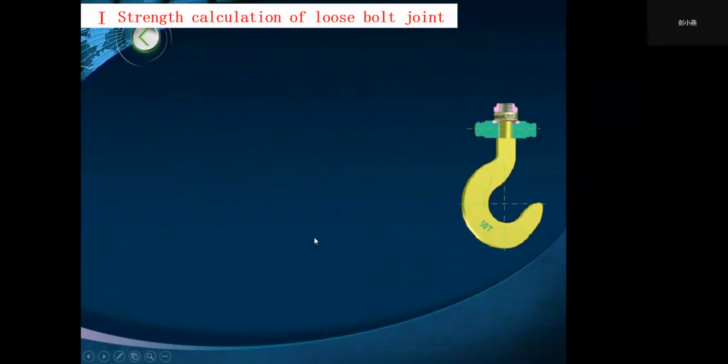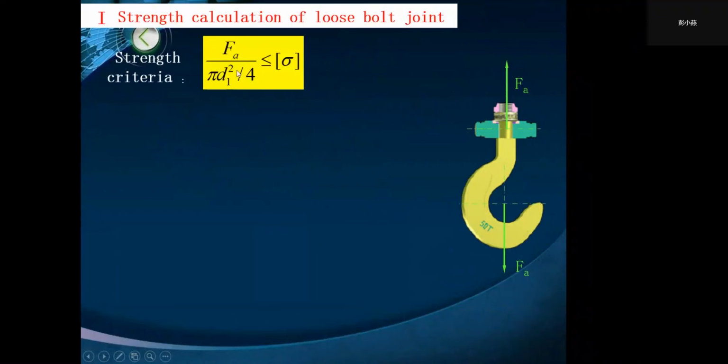Okay, let's do the strength analysis of loose bolt joint. For loose bolt joint without preload, the strength criterion is that the actual stress should be less than the allowable stress.